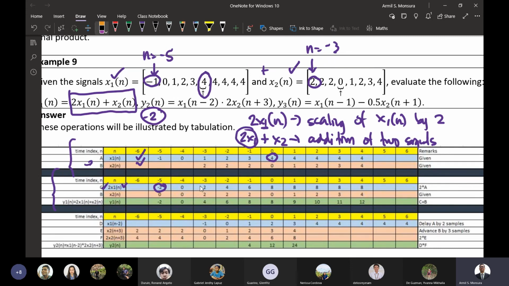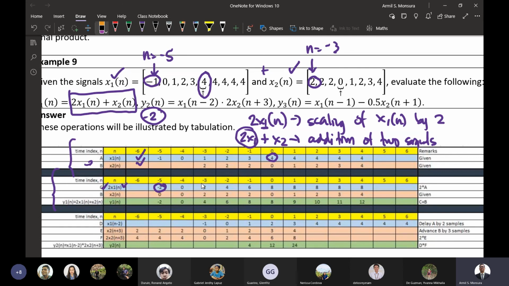So, kaya madaling makita ito kapag tinabulate nyo, kasi mas makikita nyo yung mga signal values having the same indices. Kasi dapat mag-appear yan sa isang column ng table ninyo.